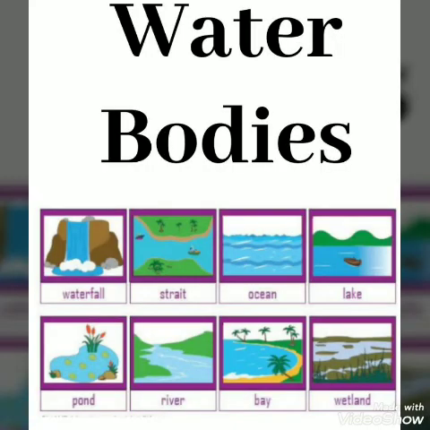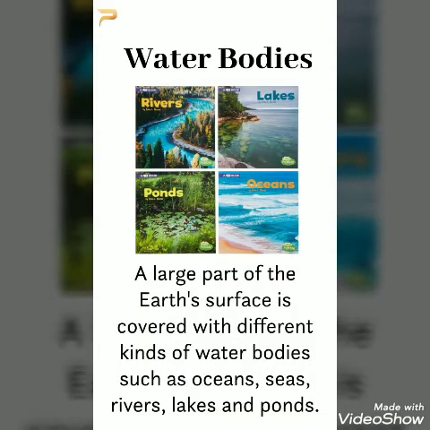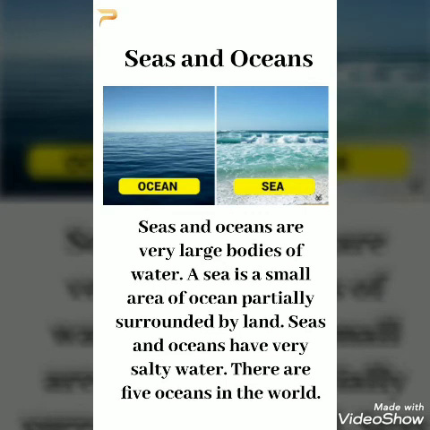Water bodies. A large part of the Earth's surface is covered with different kinds of water bodies such as oceans, seas, rivers, lakes, and ponds. Seas and oceans. Seas and oceans are very large bodies of water.